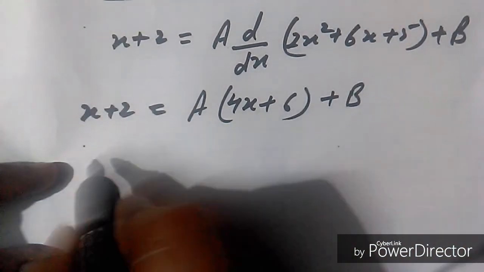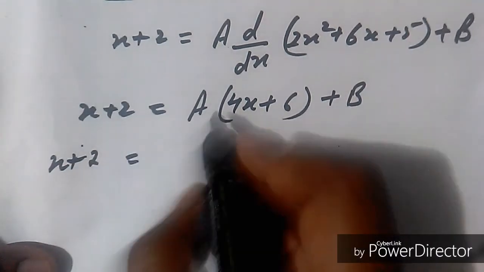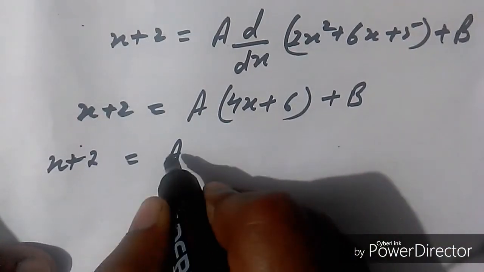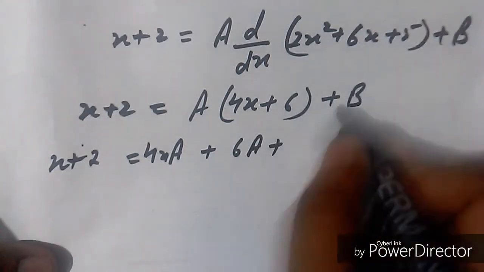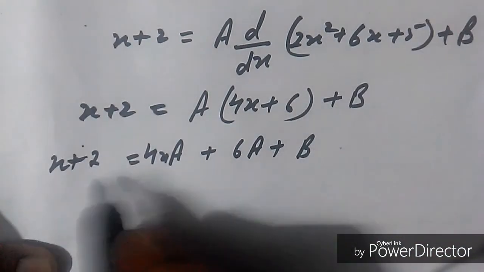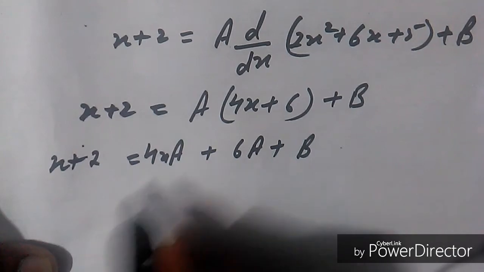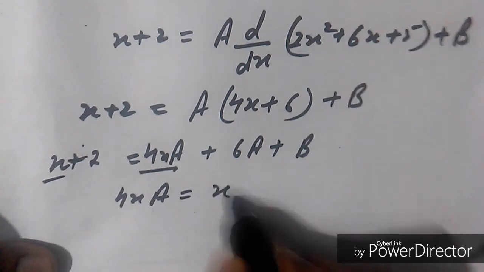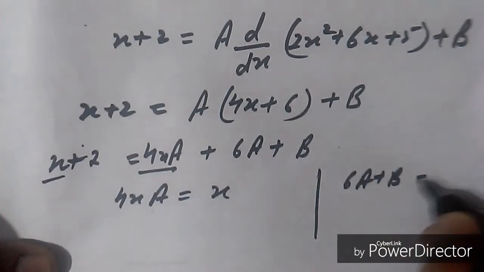First of all, x plus 2 is equal to a multiplied inside, that is 4xa plus 6a plus b, and now we equate the x terms, and the constant terms we take on the other side. Then 4xa is equal to x, and 6a plus b is equal to 2.